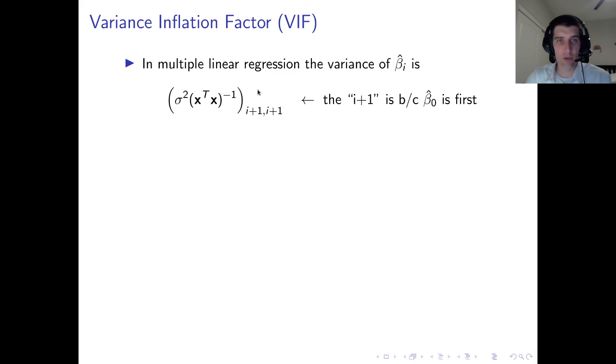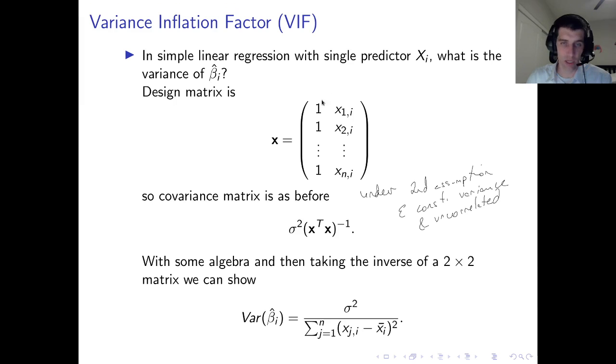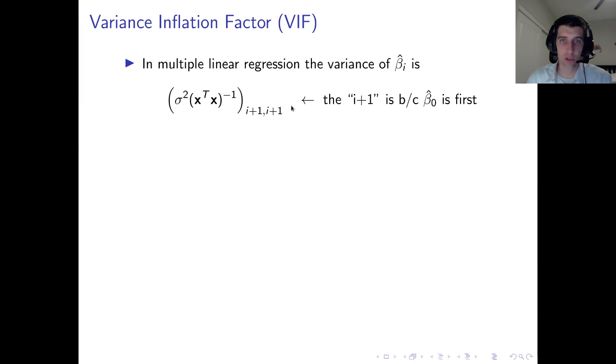In multiple linear regression, as opposed to simple linear regression, the variance of the ith term is equal to the i plus 1th term in the diagonal of the variance covariance matrix. Here I'm being just a tiny bit sloppy, but I hope it's clear that this design matrix in multiple linear regression has multiple columns.